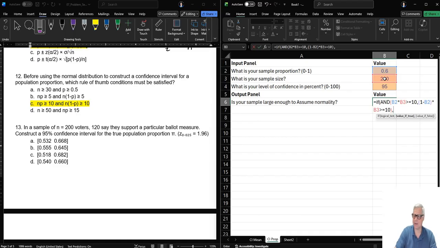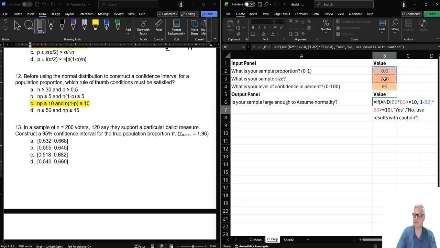Comma, then what's the value if true? Then you say yes. And otherwise, we can write in quotation marks no, and then maybe another alert that says no, use results with caution.